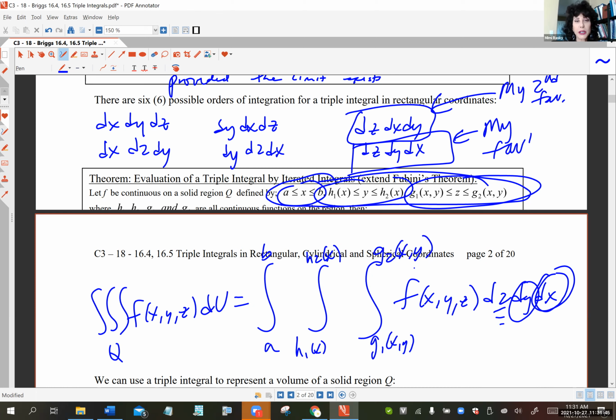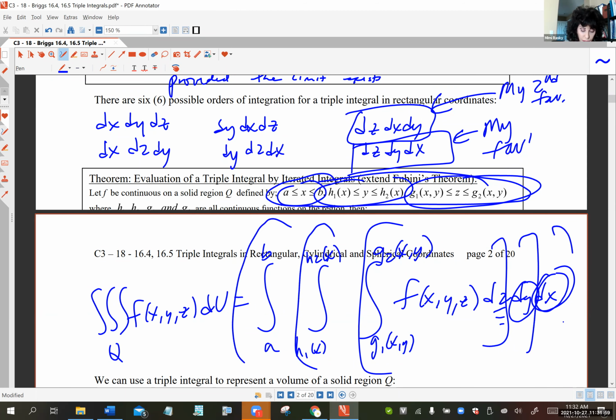And as before, you work your way from the inside to the outside. If you were given a triple integral, start by trying to integrate the innermost integral first, and then work your way out until you reach the last outermost shell.